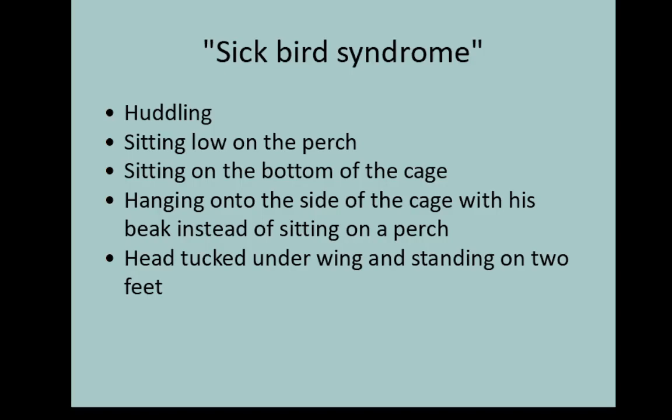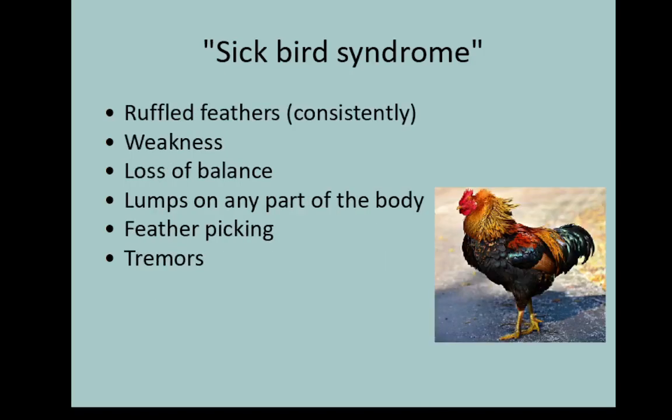This is observable in times of cold temperature. Also ruffled feathers, but it has to be consistently ruffled, because sometimes when they get wet, birds do a shaking motion which ruffles their feathers, and then this would return to normal. But if they're consistently ruffled, then there is something wrong with the bird.